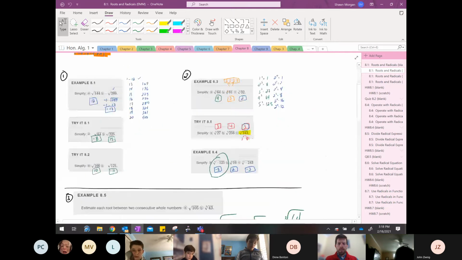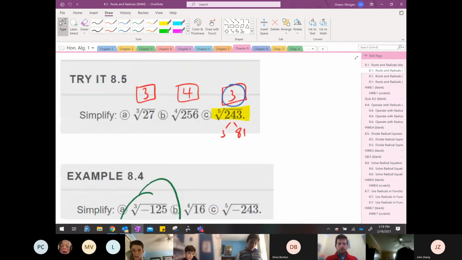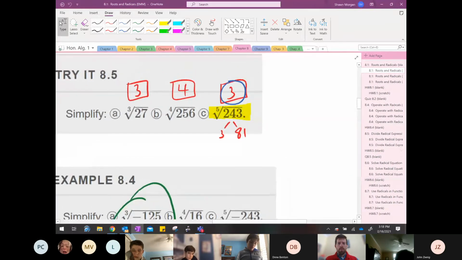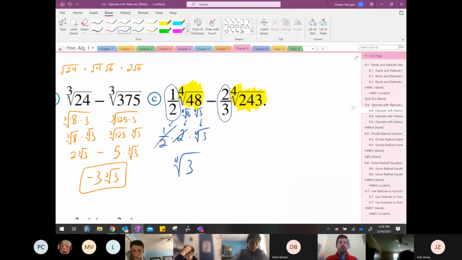We had the 5th root of 243, didn't we? And you see where we had the 3 and the 81. So I had 2/3 as my coefficient that we put on the back burner, and 243 we said we could split up as 81 and 3. So Drew, what's the fourth root of 81?